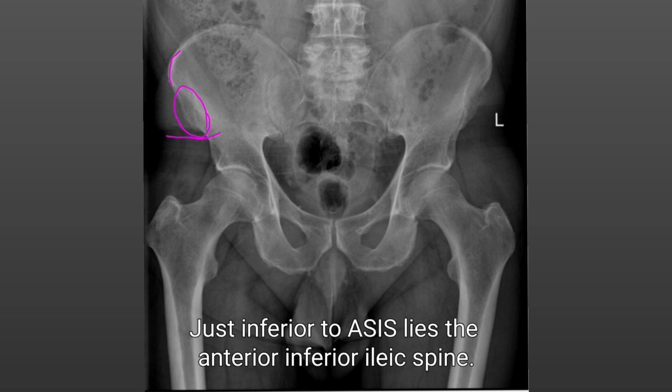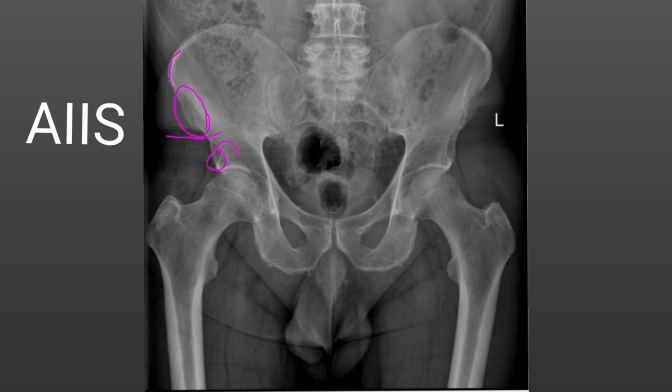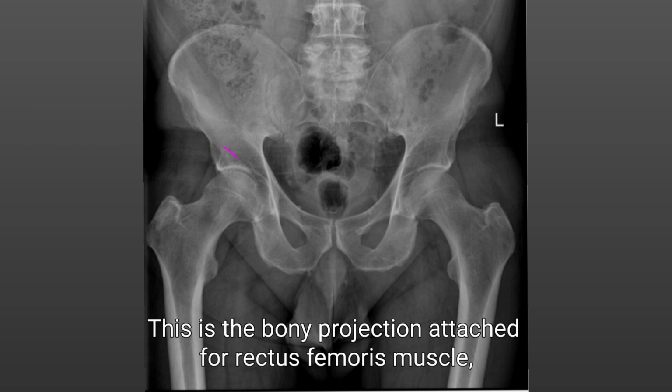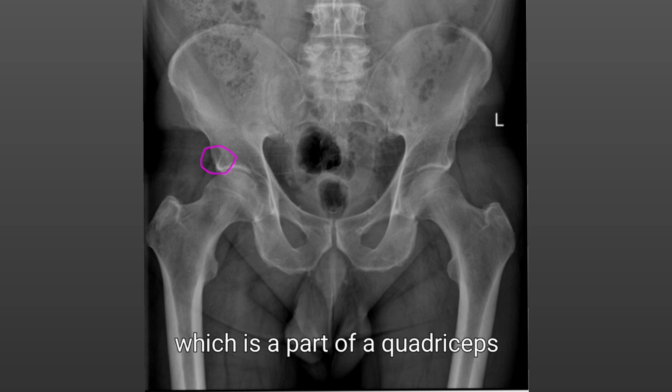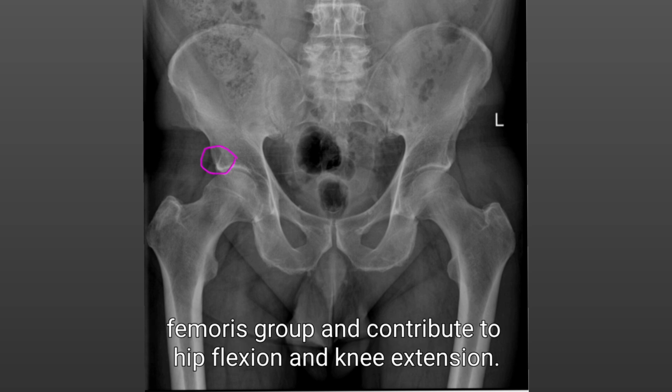Just inferior to the ASIS lies the anterior inferior iliac spine. This is the bony projection for attachment of the rectus femoris muscle, which is part of the quadriceps femoris group and contributes to hip flexion and knee extension.